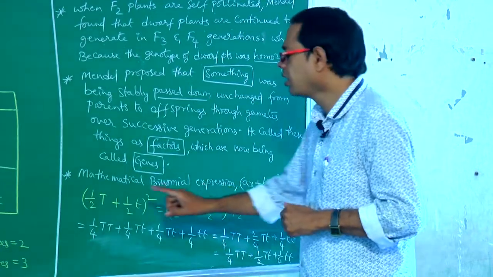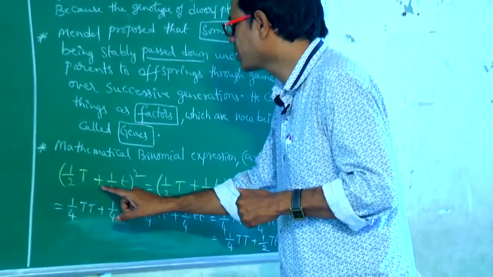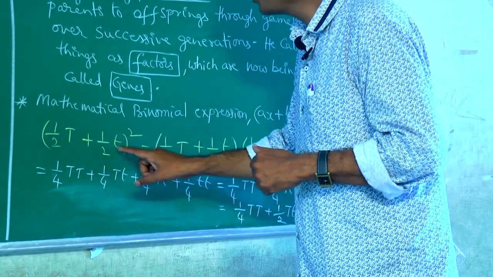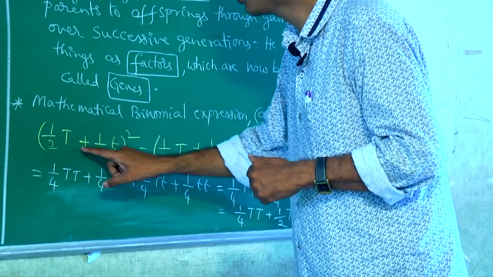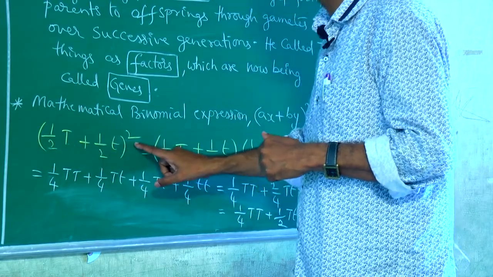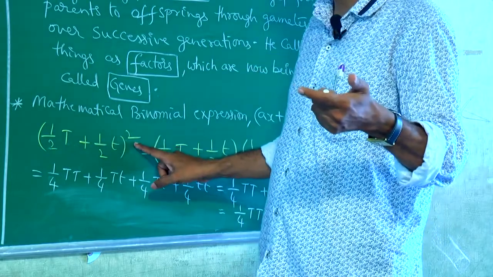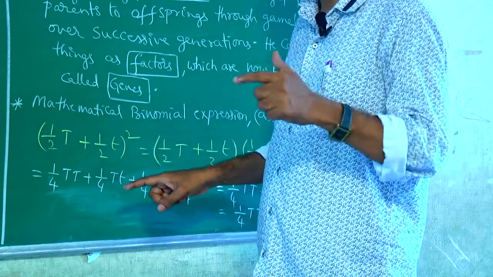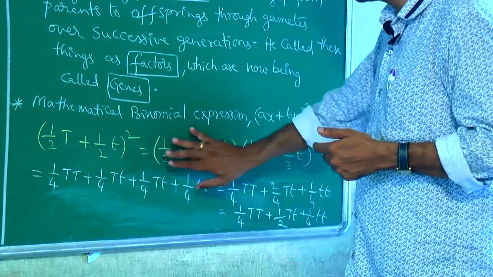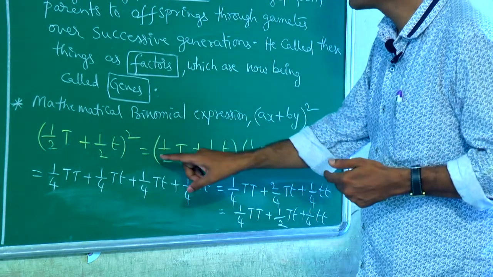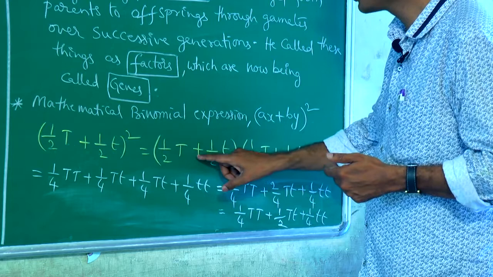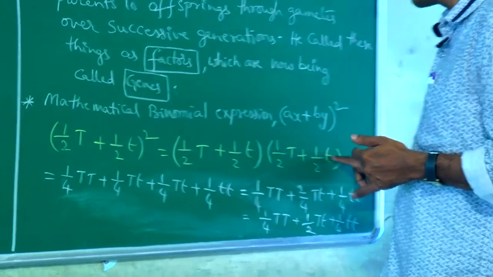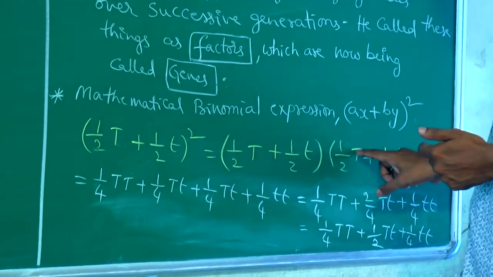We write (a plus b) whole square, which means (a plus b) into (a plus b). That is (1/2 capital T plus 1/2 small t) into (1/2 capital T plus 1/2 small t). We have to multiply with each other.